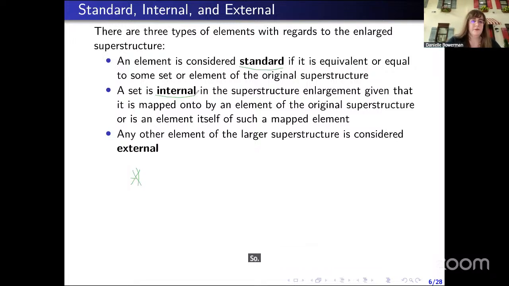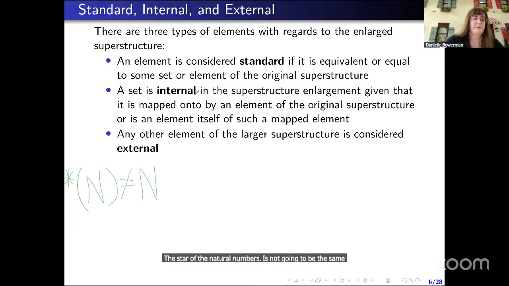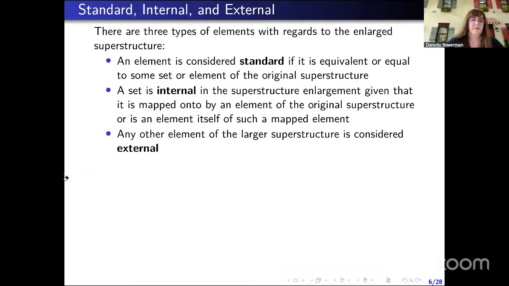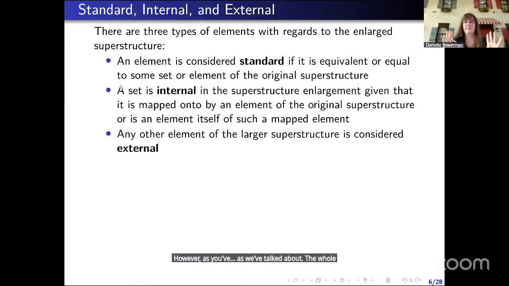So, for example, the star of the natural numbers is not going to be the same as the natural numbers. However, as we've talked about, the whole superstructure is not only elements that are mapped directly to elements from the smaller superstructure.